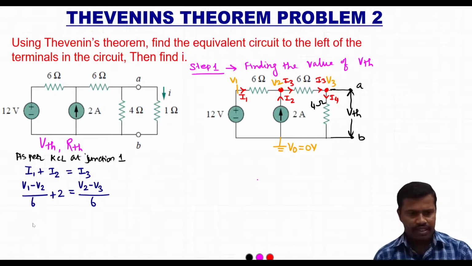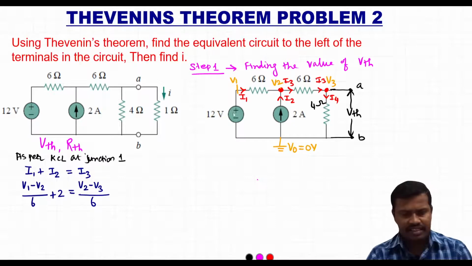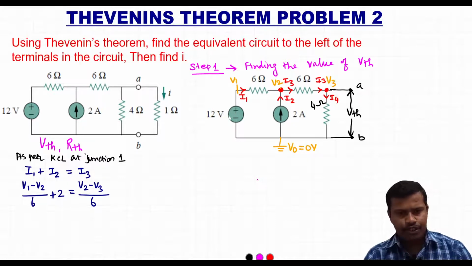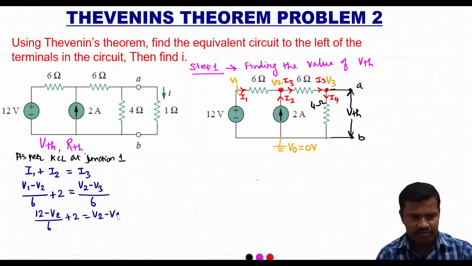Now when we are solving this circuit, we know that the V1 value is equal to 12 volt, because this is directly connected with the positive terminal of the voltage source, so the potential is 12 volt. So we can write (12 minus V2) divided by 6 plus 2 is equal to (V2 minus V3) divided by 6.